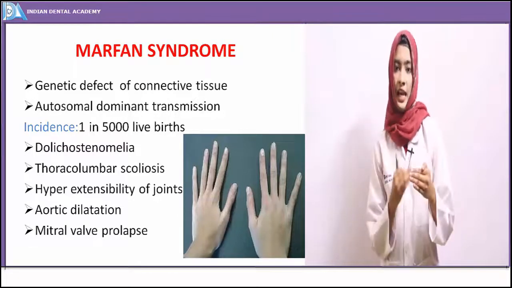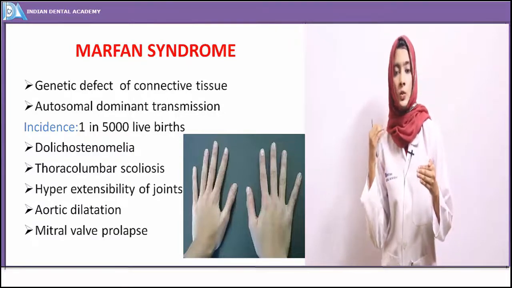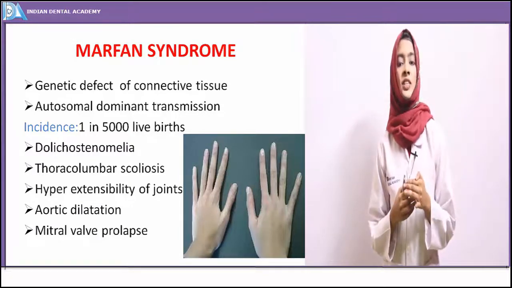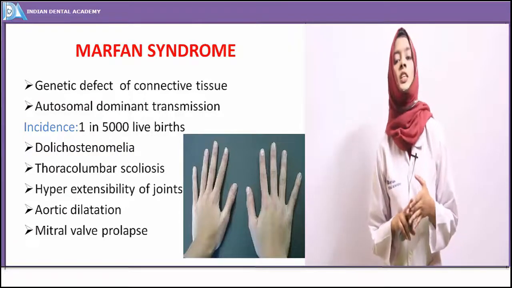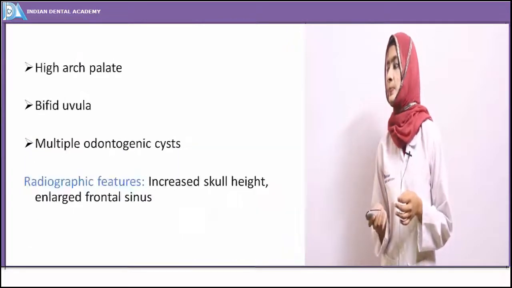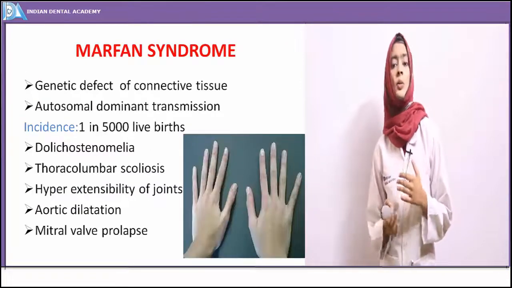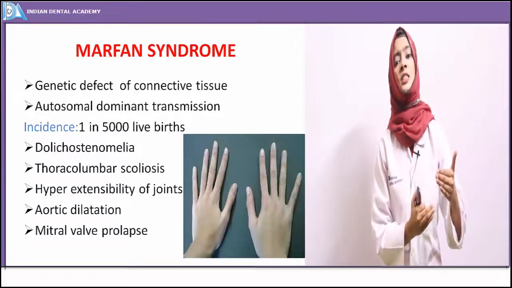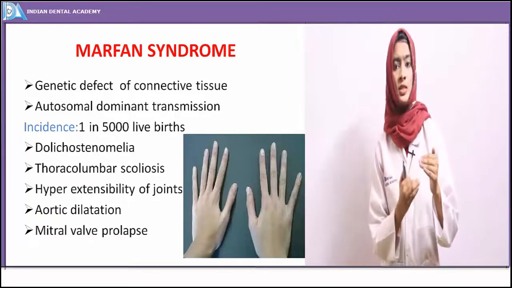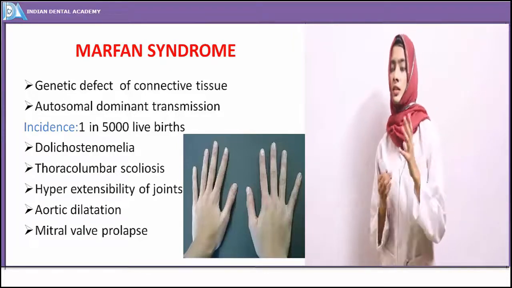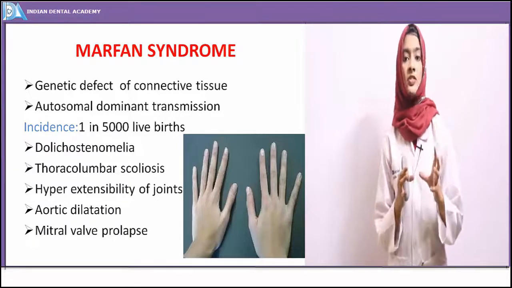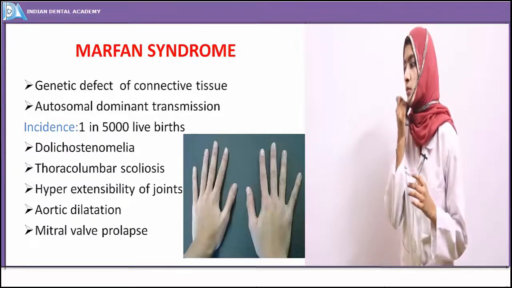And along with the skeletal defect, it is also associated with congenital heart defects like aortic dilatation, atrial septal defect, ventricular septal defect, mitral valve prolapse. So presence of skeletal disturbances or disturbances in the bone along with congenital heart defects is the characteristic feature of Marfan syndrome.